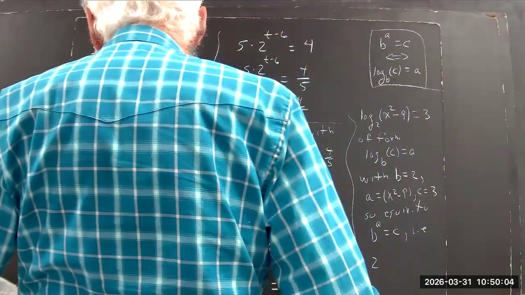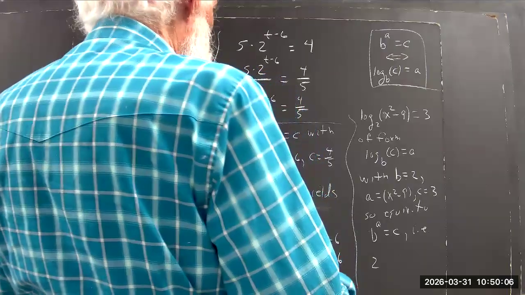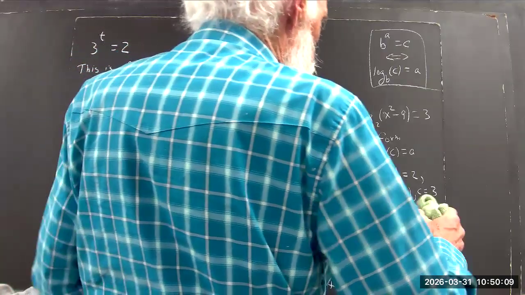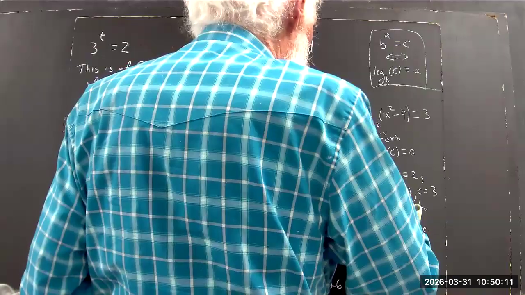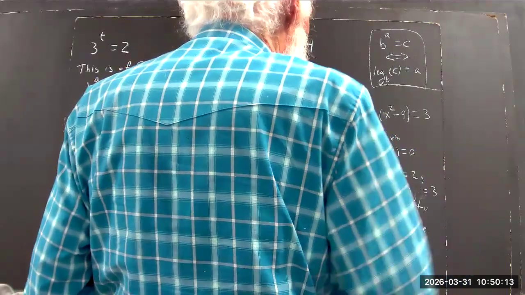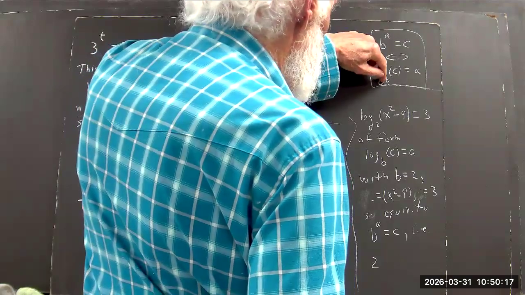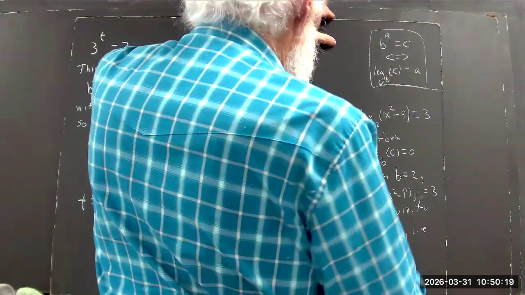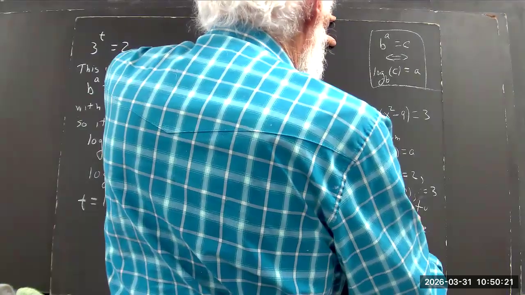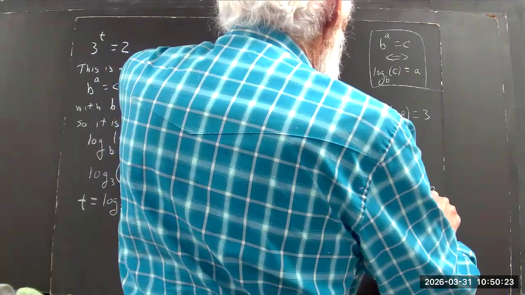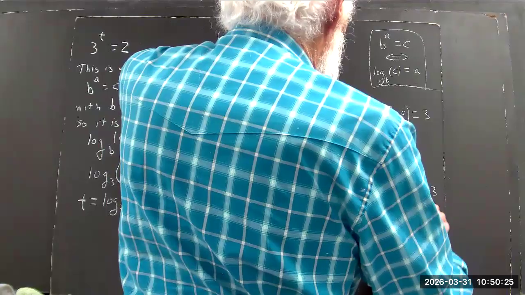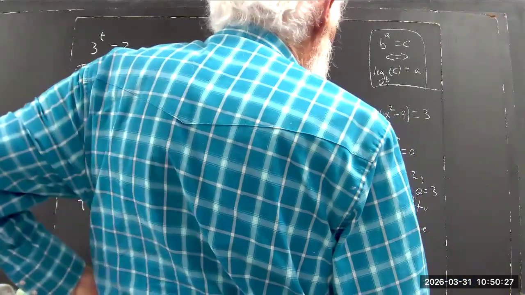You know, I misidentified my a and my c because what I'm getting makes no sense. And I apologize. Like I say, things are a little off here. We got b right. We didn't get c right. c is x squared minus 9. And a is 3. I was a little careless when I wrote that down.